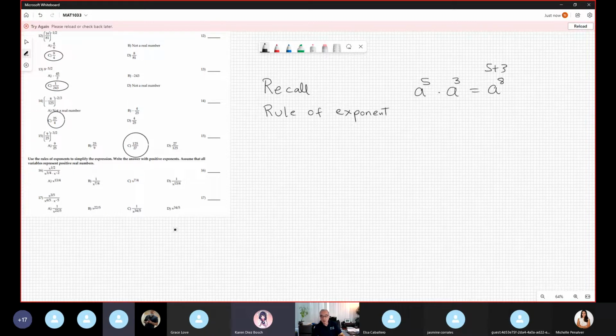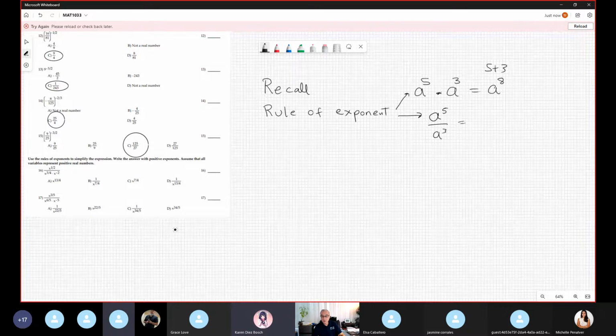So when you multiply and the base is the same, it's addition of the exponents. Division, suppose a to the fifth again, divided by a to the third. It's subtraction, a to the second. 2 comes from 5 minus 3.